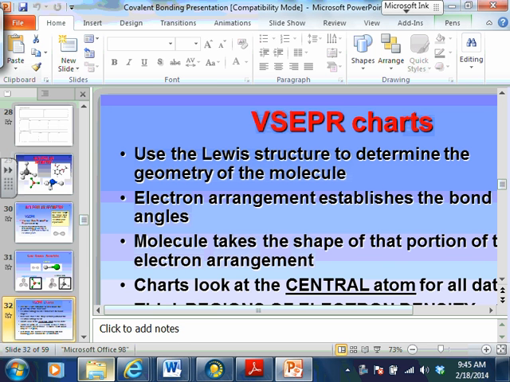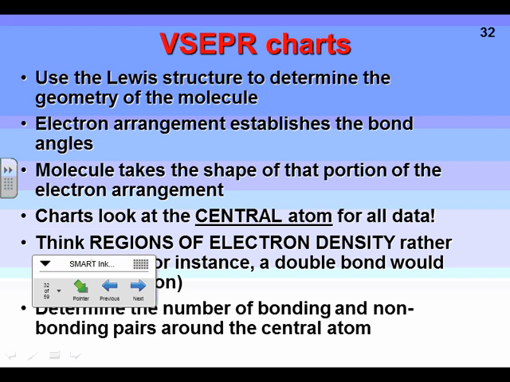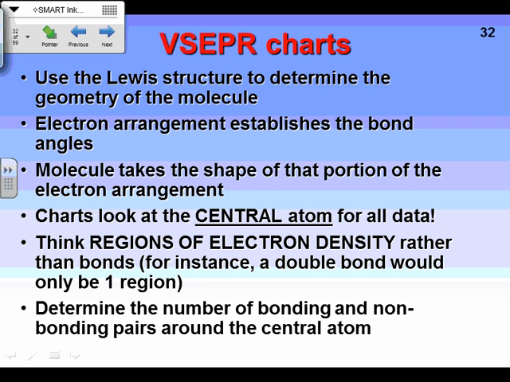Okay. So let me just... Do you have this on your notes? Yeah. Okay. This is kind of a procedure here, and then we're going to go through a bunch of these in practice, and we're actually going to build some molecules that have these shapes, all right? But the first thing you're always going to do is use the Lewis structure. Okay, so you're going to have to make a Lewis structure first if one is not given to you.